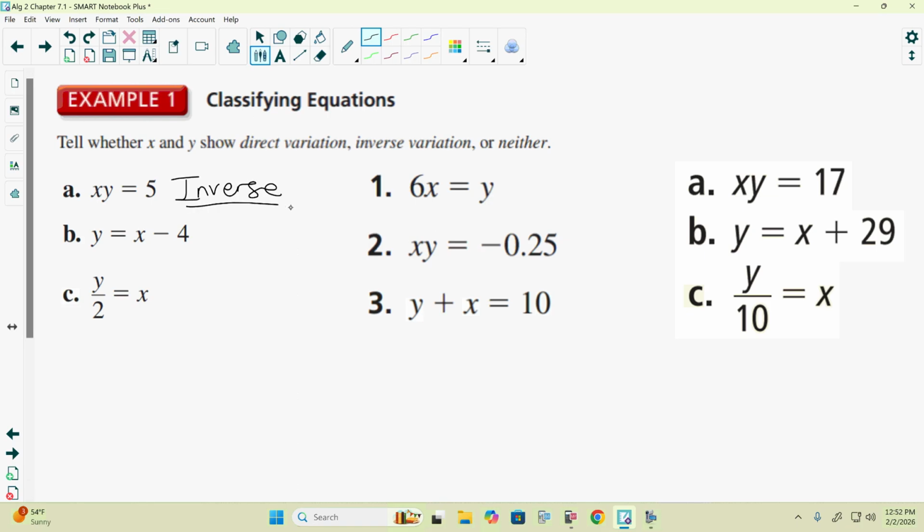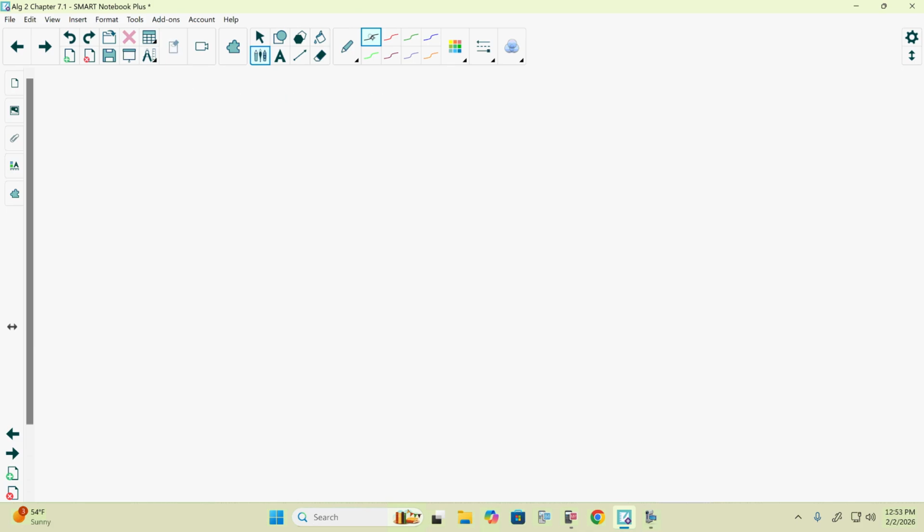Now there's several ways we can get to the fact that this is inverse. One of them is noticing that if we get the constant term by itself, y equals a over x, multiply both sides by x, we get x times y equals a, x times y equals a number. Now another way we can look at it, x times y equals 5. I can get y by itself.